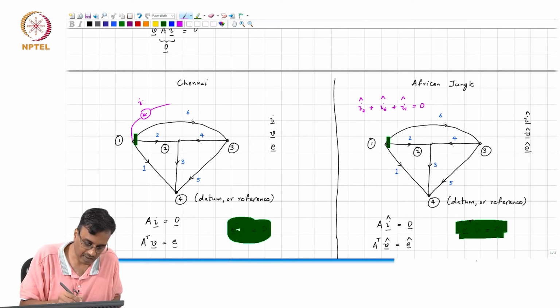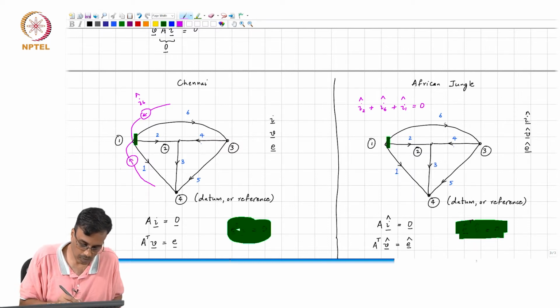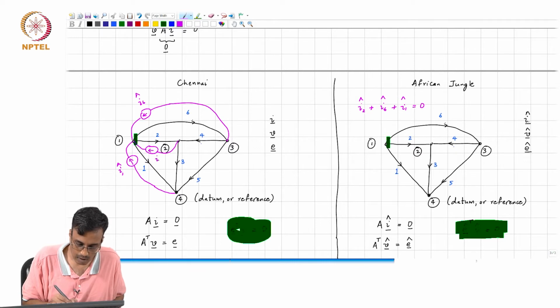So, what I am going to do is add a current here which is I6 hat, a current here which is I1 hat, and here a current which is I2 hat.